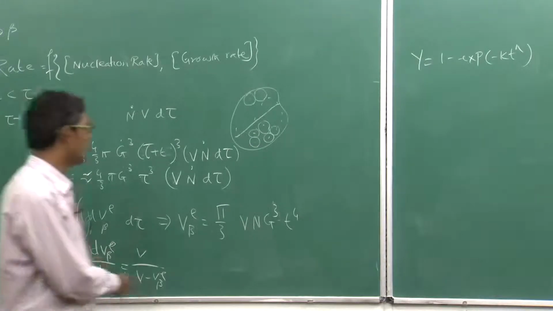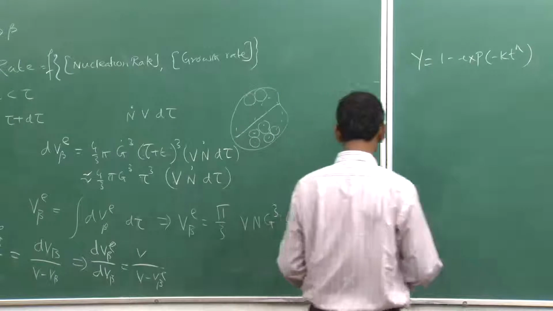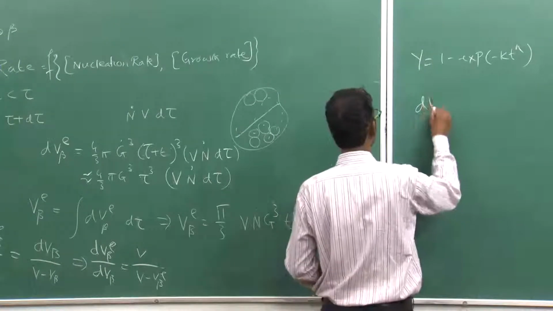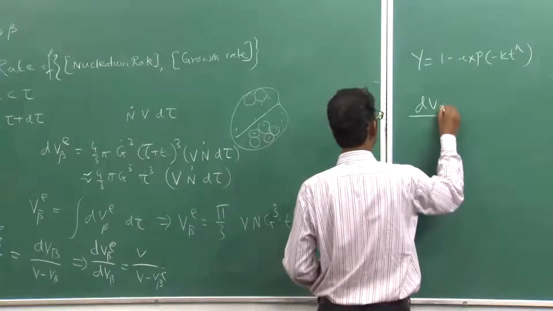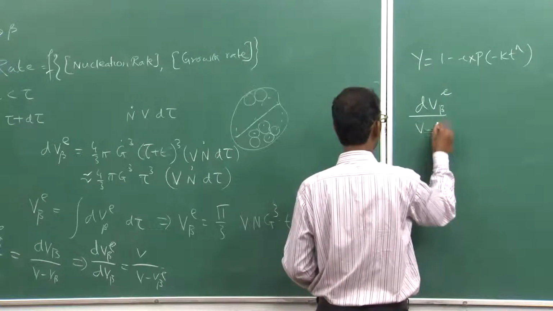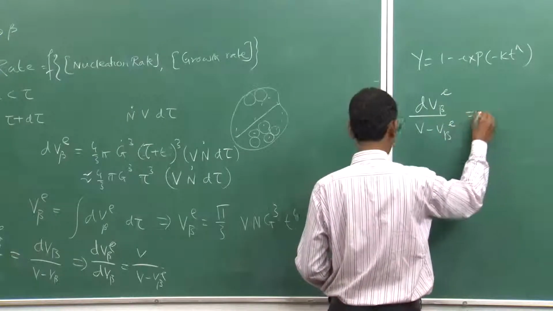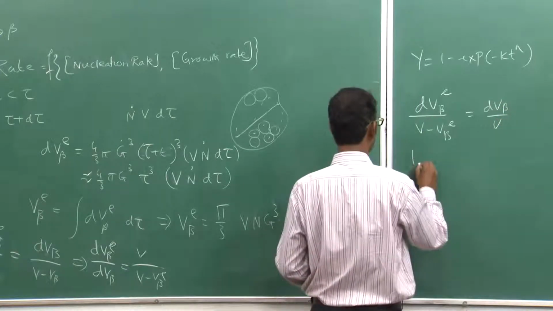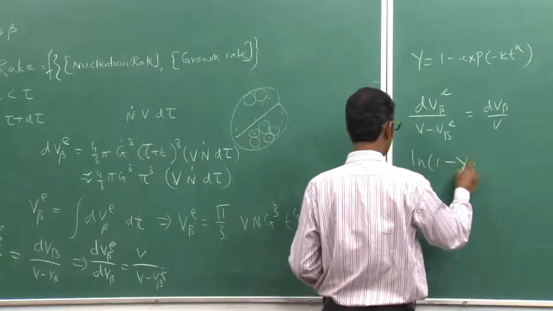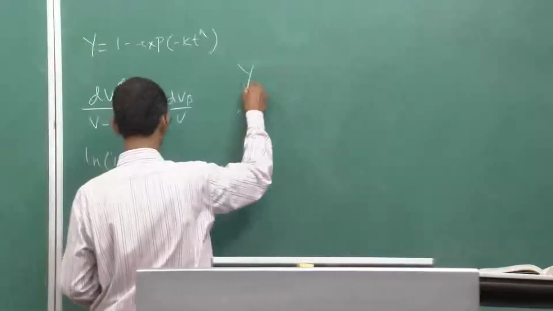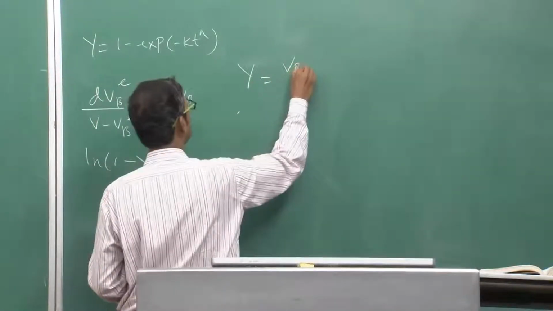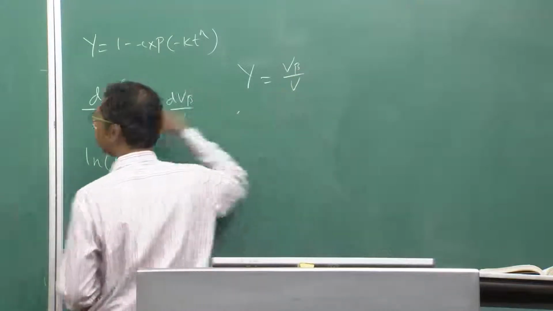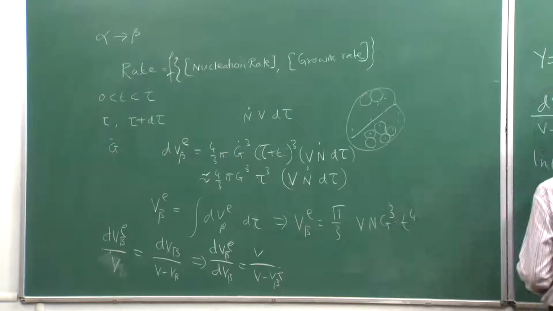Now if you do the math properly, I can write down from that, dVbe by (V minus Vbe) is equal to dVb by V, and that tells you log of 1 minus y, where y is basically defined as Vb by V. V is the original volume and Vb is the transformed volume, that's the fraction.